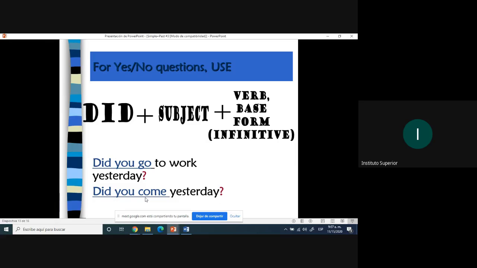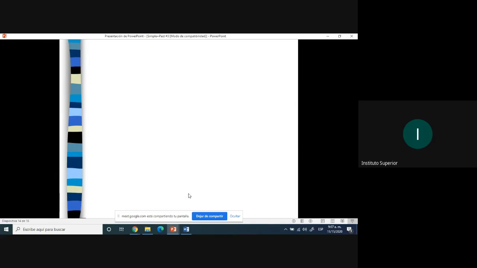The verb just stays in the base form. If you do did and then you do past in here, it will not sound good. Rule is a rule. So did you come yesterday?